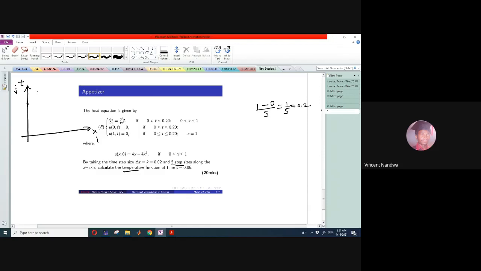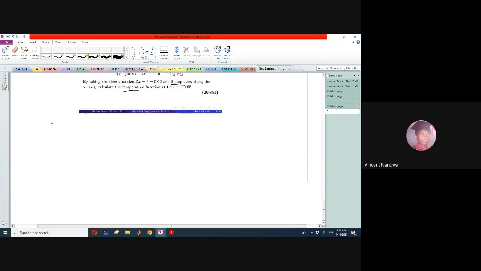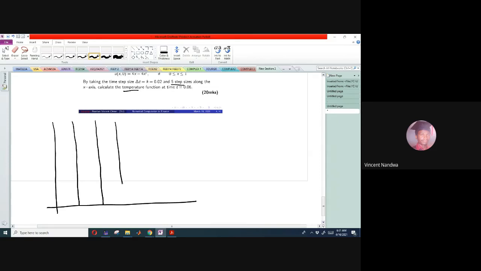If you can draw the sketch, let me just do it here. So this is 1, this is 2, this is 3, this is 4, and this is 5. This is along the x, and this is the t-axis.